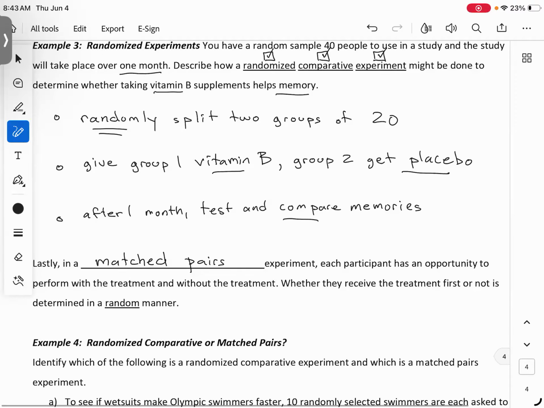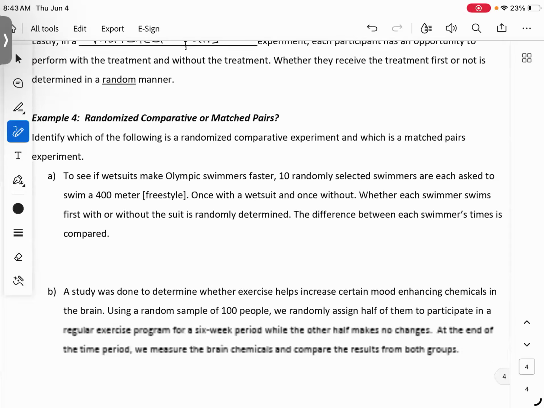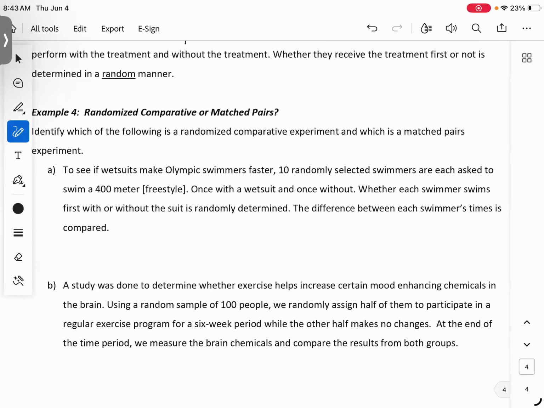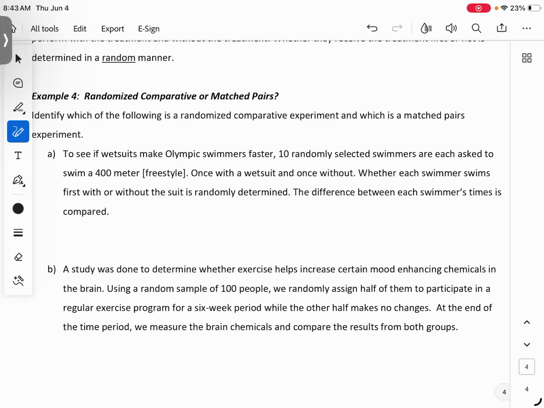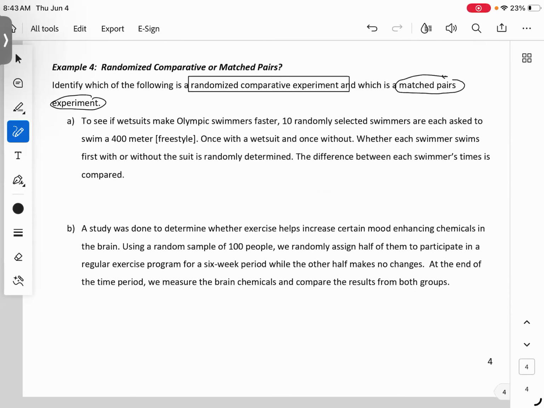And so what I want you to do here is, as opposed to just the comparative, where group A is going to get it and group B is never going to get the special thing, look down here and see which one you can identify, A or B, as the randomized comparative experiment, and which one is the matched pairs experiment.